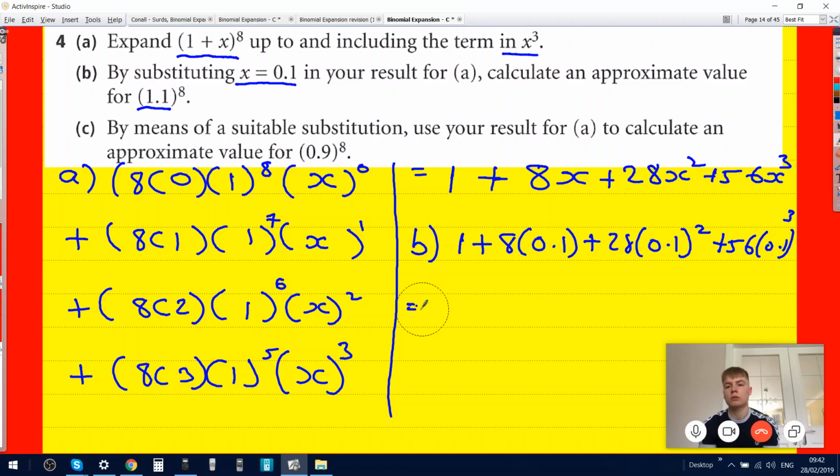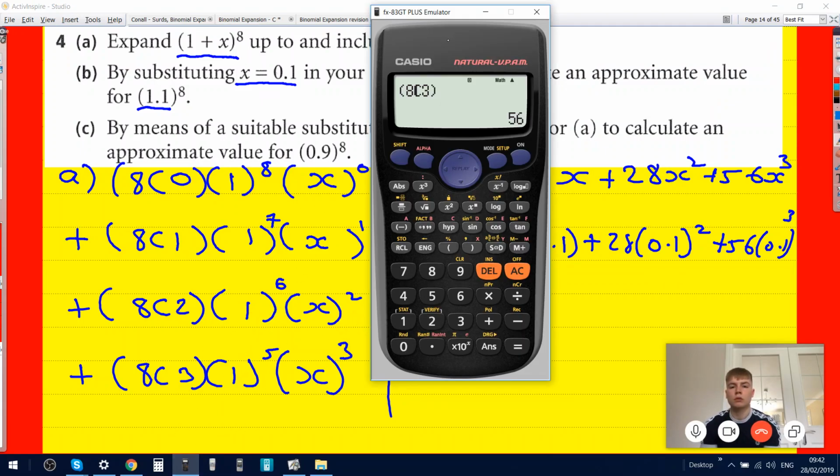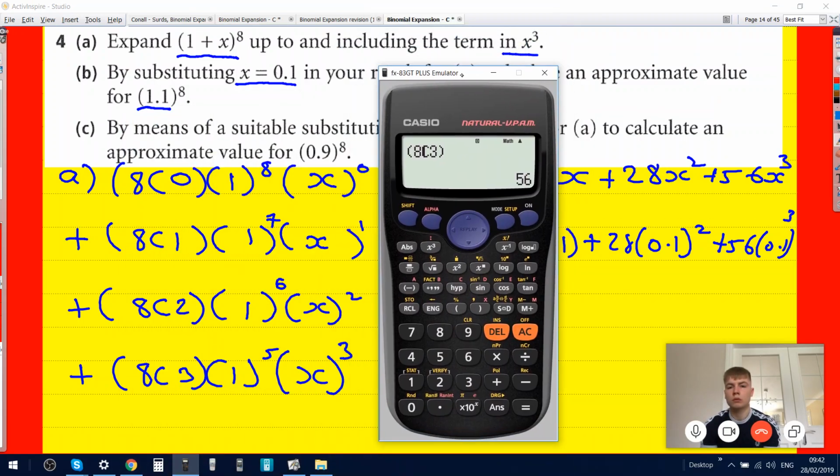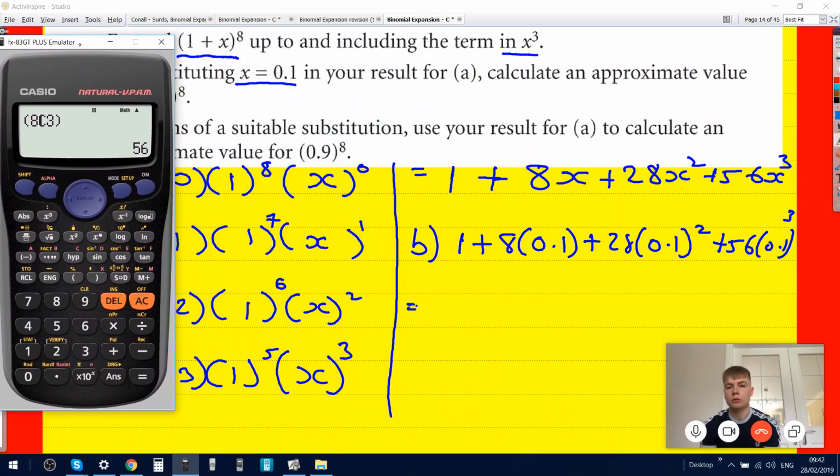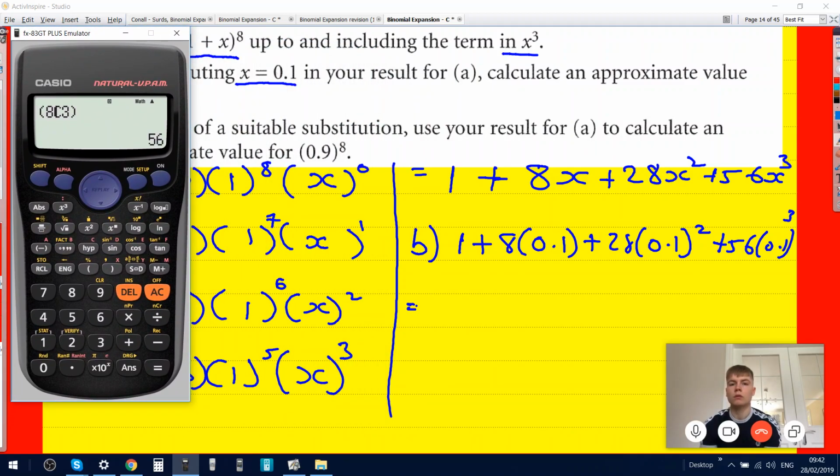And then accuracy mark, you put it into the calculator, and then part C. Oh, I better do this. 1 plus... squared plus 56.